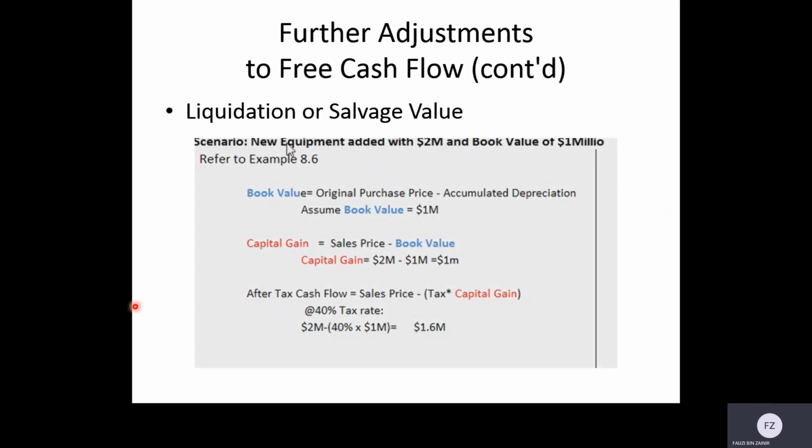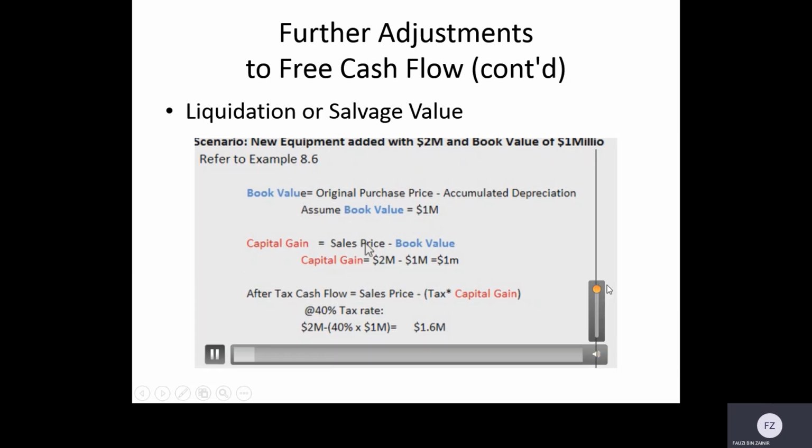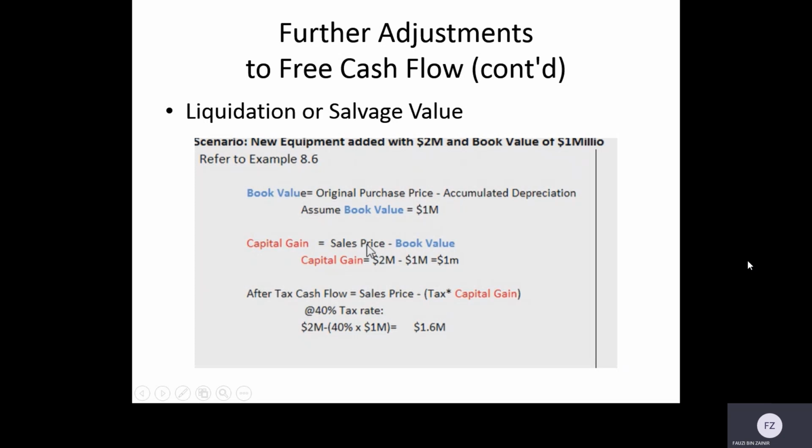So here we are seeing new equipment added with $2 million resale value and a book value of $1 million. Firstly, we have to understand how to calculate the effect if we were to sell it immediately: how much is actually realized if the company were to sell off that $2 million equipment immediately. First, we have to figure out the book value of that equipment.